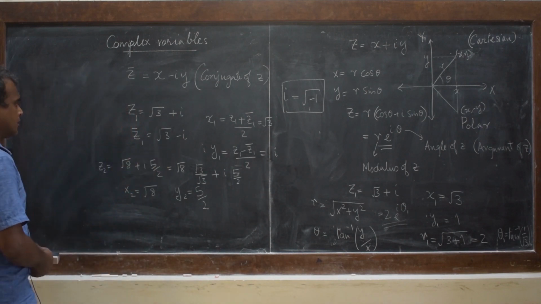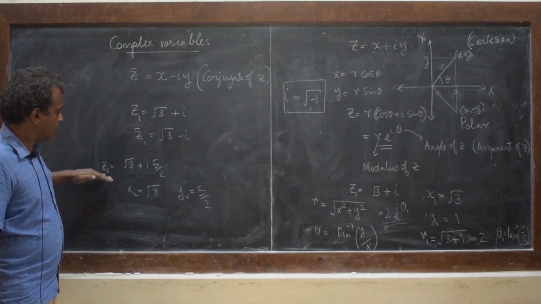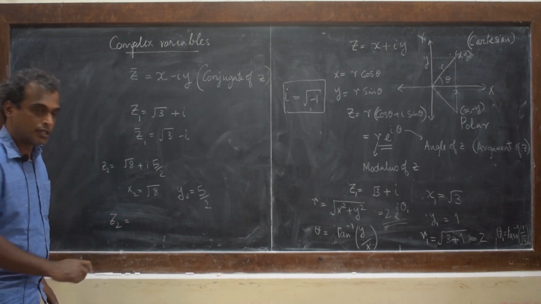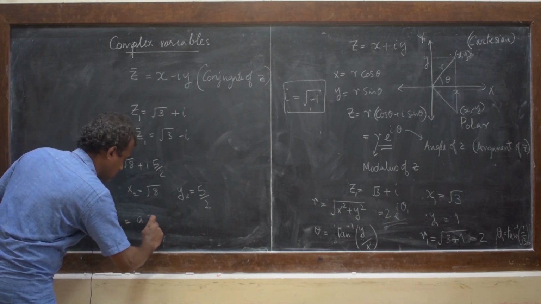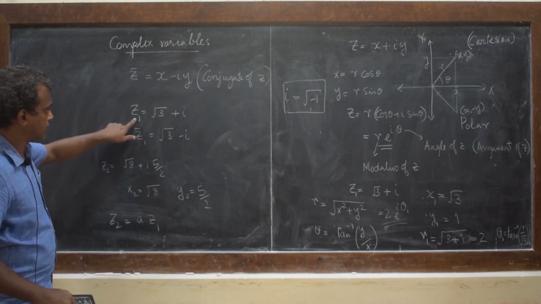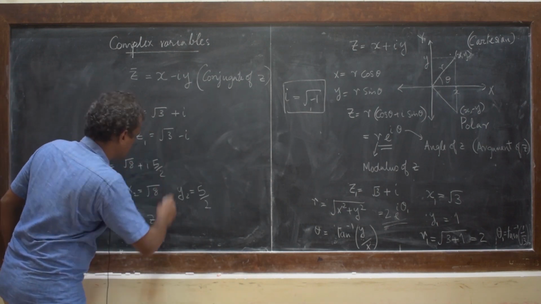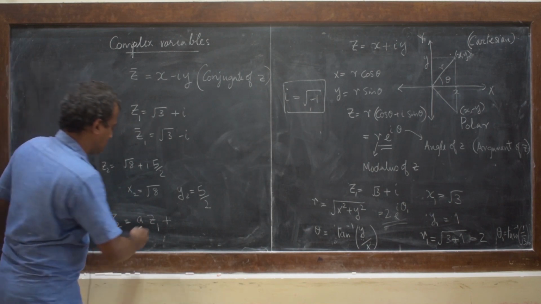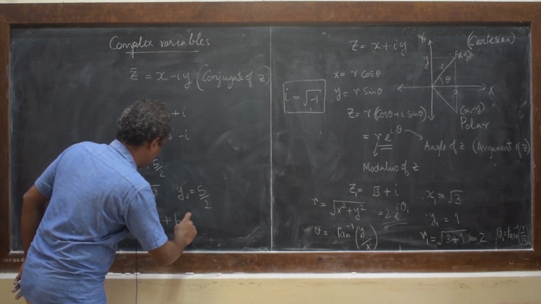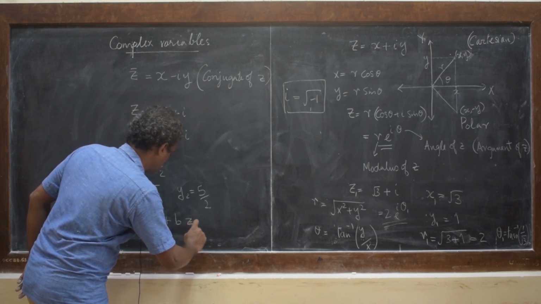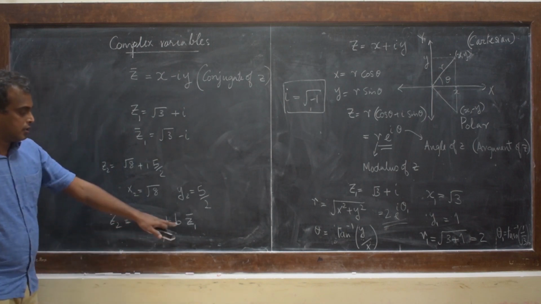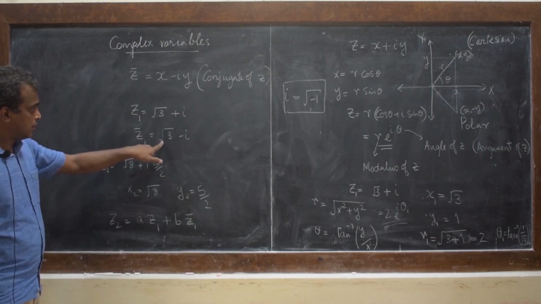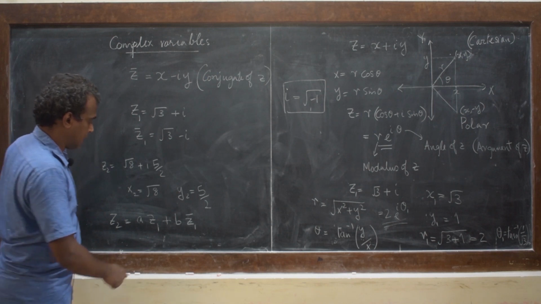Having written it in this form, now let us show that we could represent such an arbitrary complex number as A times z1, where z1 is the one that I have chosen earlier, namely square root of 3 plus i, where A is some real number, plus B times z1 bar, where B is another real number, and z1 bar is the number that is the conjugate of z1 that I defined earlier.